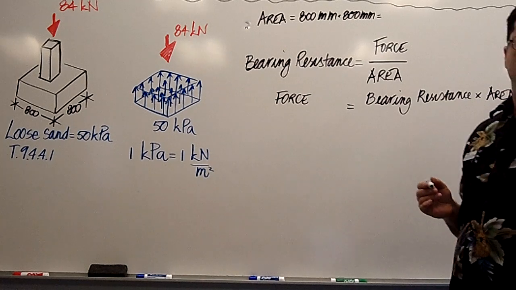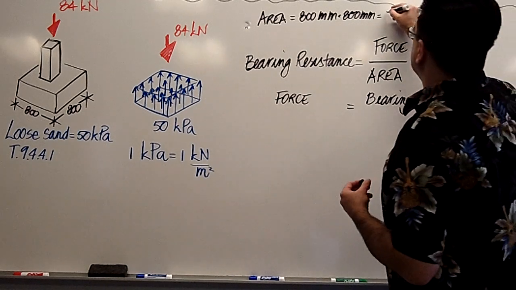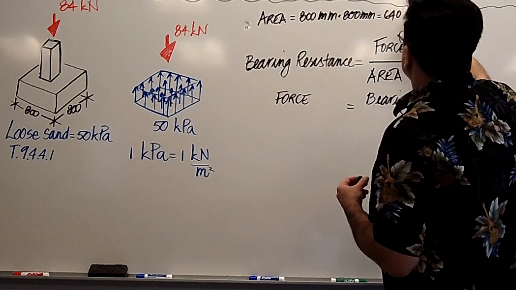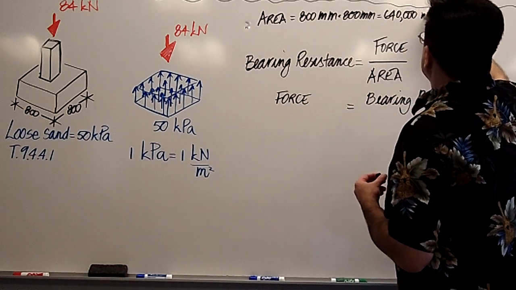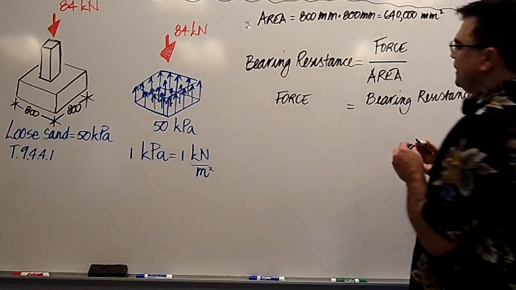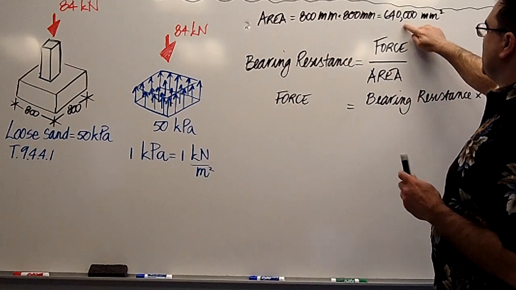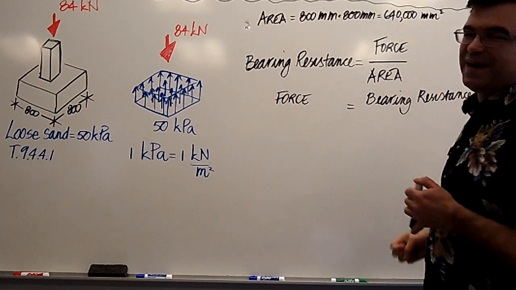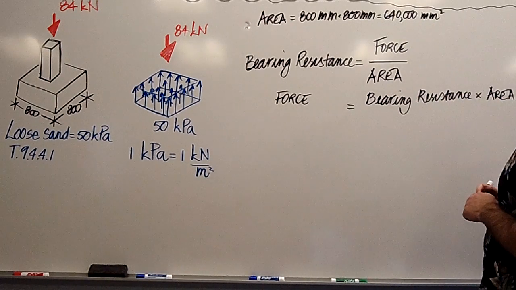Okay? 2 out of 3 times when I did this, I got this answer: 640,000 millimeters squared. Now this is not proper engineering notation, but I'm just doing this so I keep track of all the zeros.